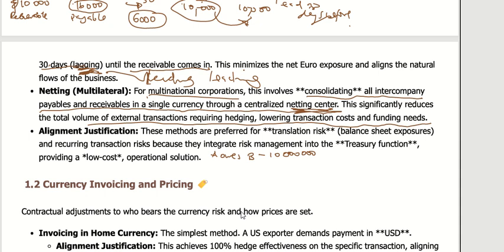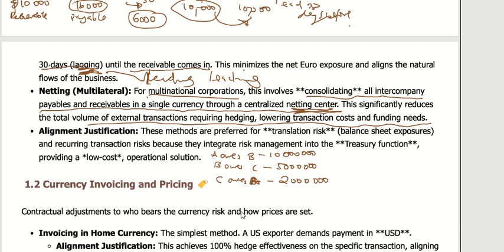And then B owes C, the subsidiary C, for example, let's say 5 million. And then C owes A, let's say maybe 2 million.